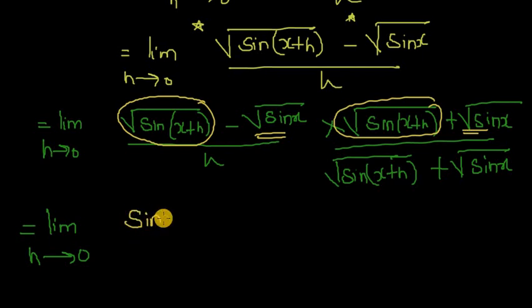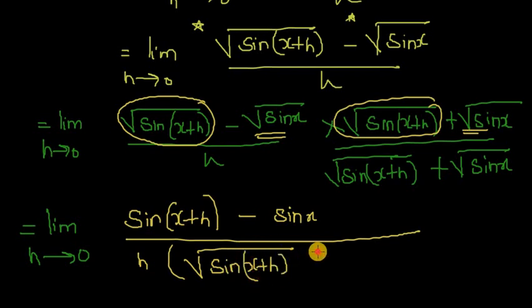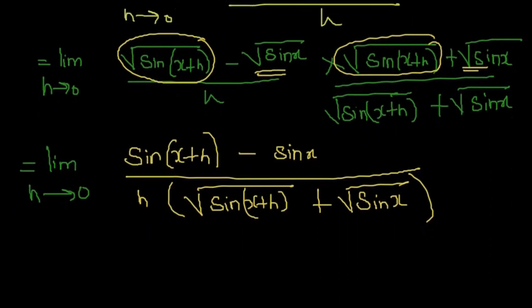So this will be sine x plus h minus sine x whole thing divided by h into square root of sine x plus h plus root sine x. So in the numerator, the square root sign has been eliminated.